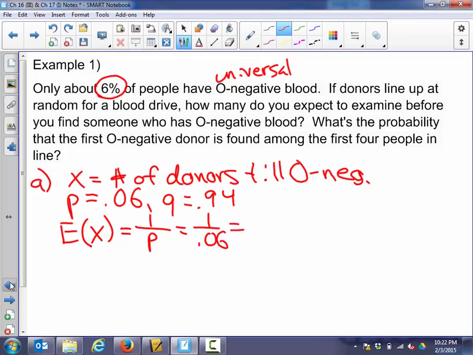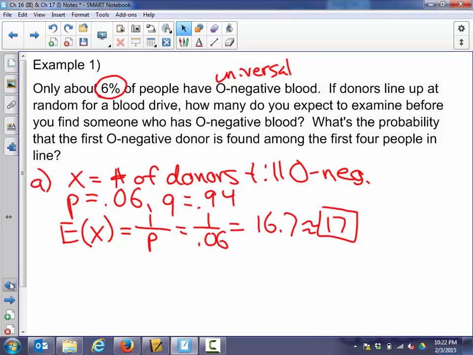In this case, 1 over 0.06, which comes out to be, I believe, 16.7, which is approximately 17 people that you would expect to go through until on that 17th person, on average, you would have your first person with O negative blood. So that means you had 16 failures preceding it.